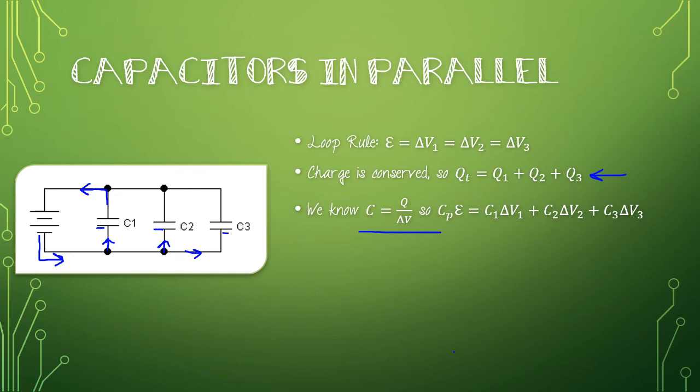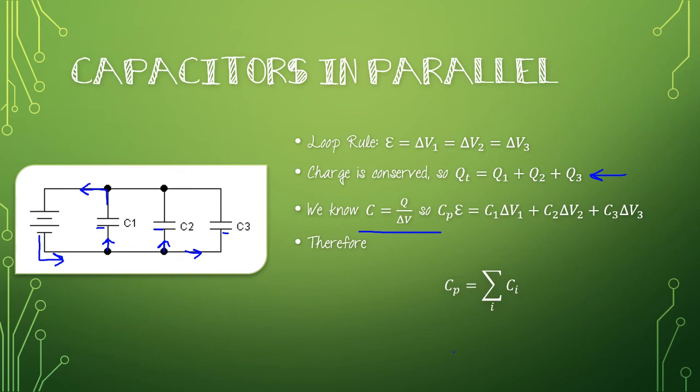So my total capacitance in parallel times the EMF of the battery would be equal to C1 times delta V1 plus C2 times delta V2 plus C3 times delta V3. Each of these delta V's is the exact same, so I could cancel it out to find that the equivalent capacitance in parallel is the sum of the individual capacitances.